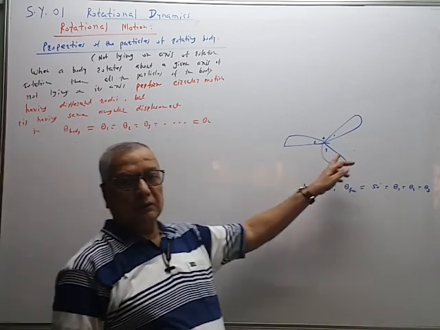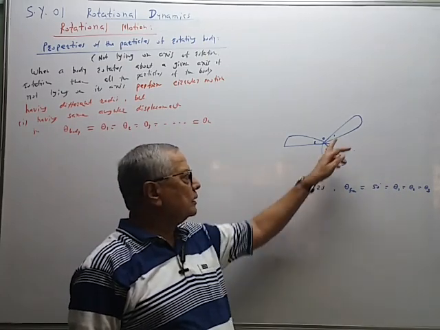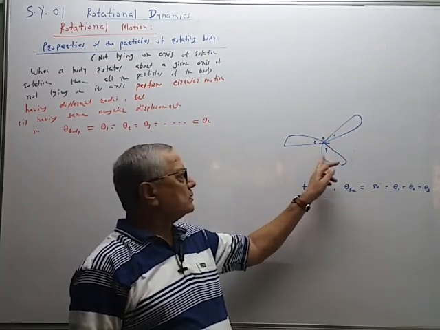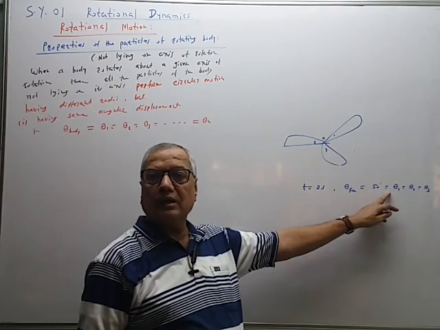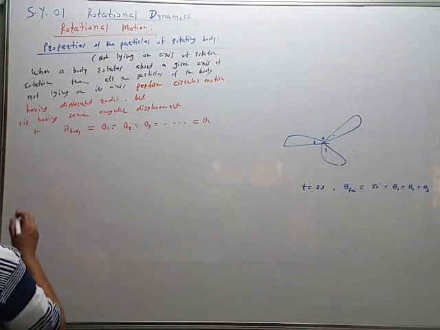So this is the basic example. If the fan rotates through 50 degrees in time t equal to 2 seconds, then the first blade, second blade, third blade also have angular displacement equal to 50 degrees, 50 degrees, 50 degrees. So they have equal angular displacement.